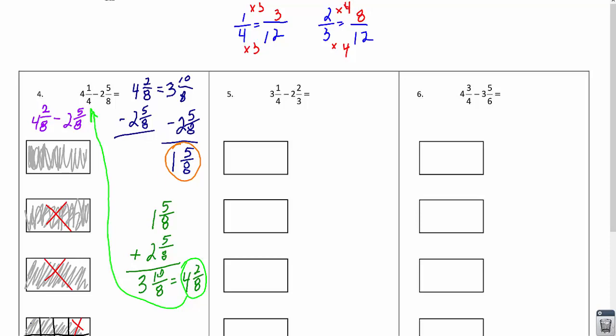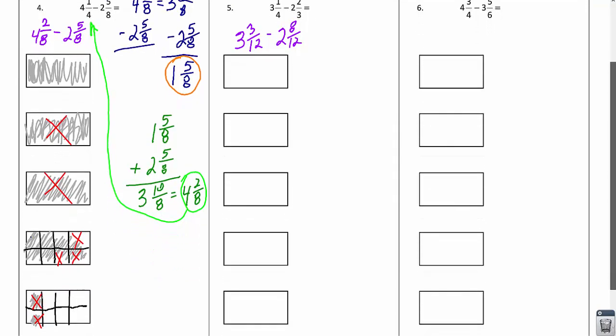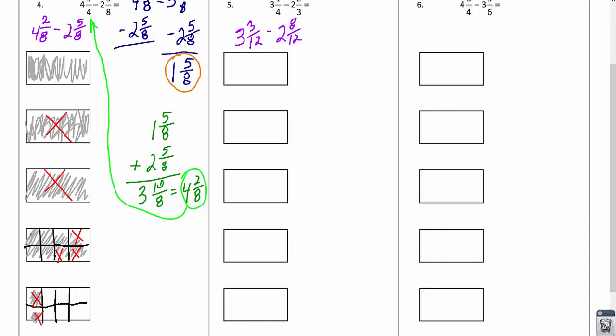So now I can rewrite my problem: instead of 1/4, 3/12, minus 2, and instead of 2/3, 8/12. And we can see again, we're trying to take away more 12ths than we have. But we know how to solve that now. We know how to rename.